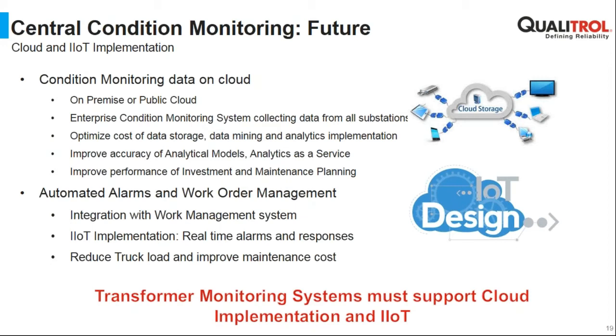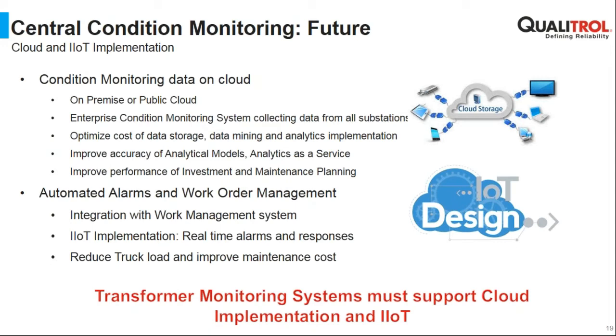And finally, once you have come up with accurate planning, you can integrate this system with your workforce management system, and this integration will help you in automatic work order generation. A work order can be generated automatically based on the health of the transformers or the alarm condition, and it can go directly to the maintenance manager or maintenance engineer, who knows what he or she needs to do at site.